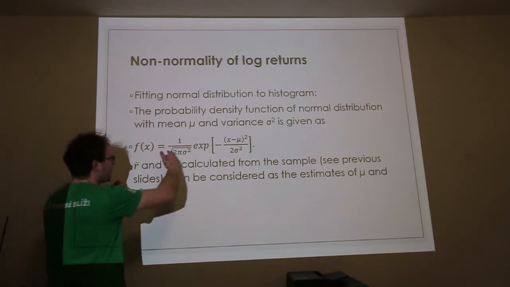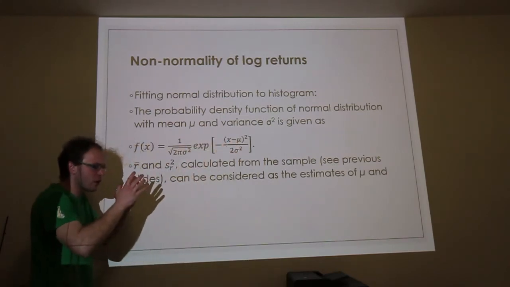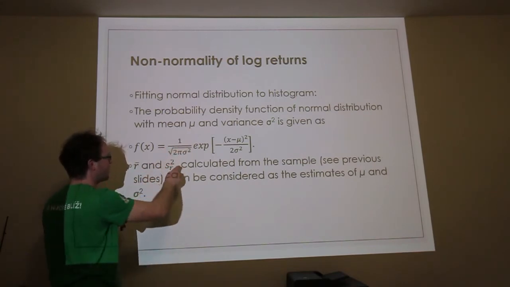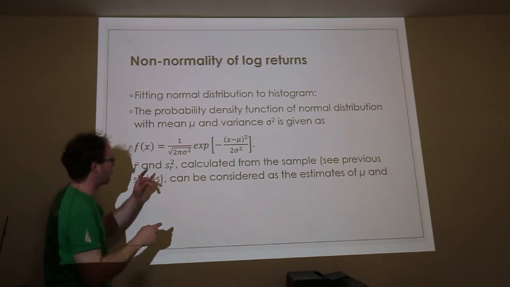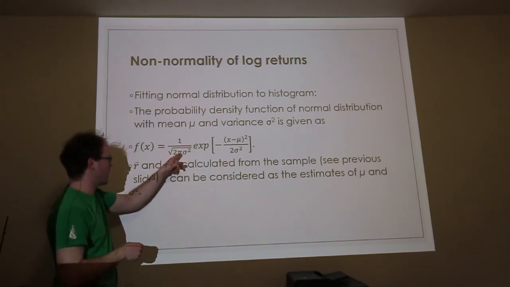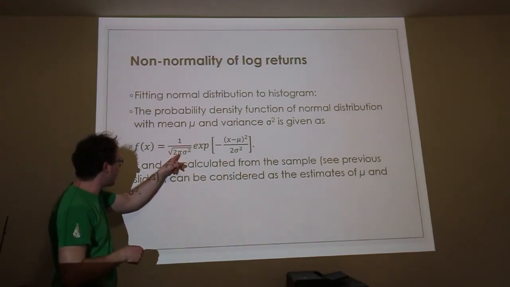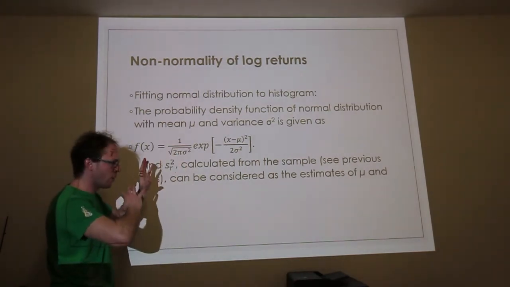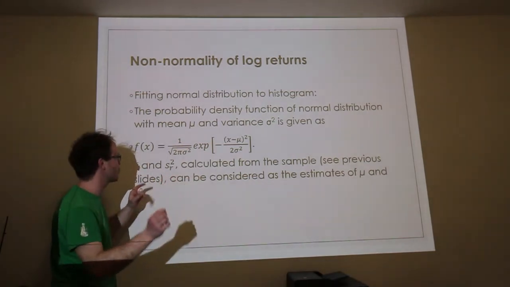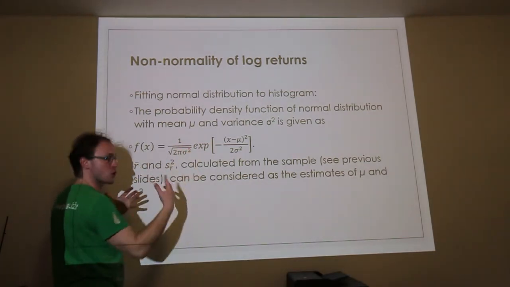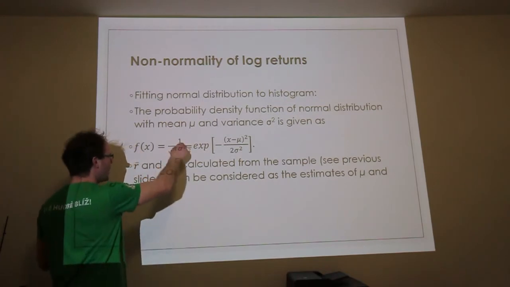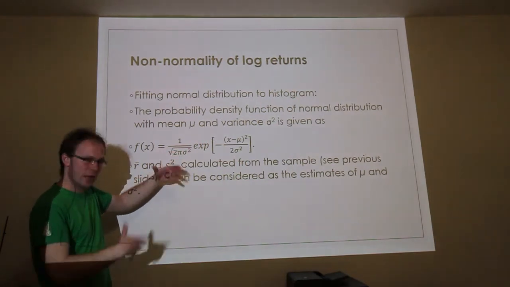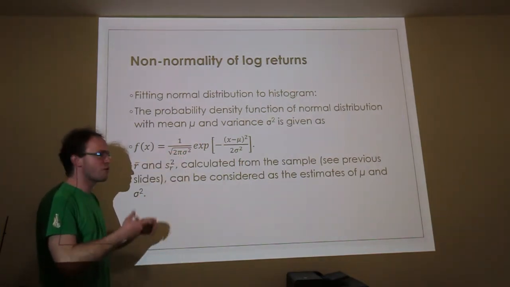How to calculate this density? It's not so difficult, because we have just 1 divided by the square root of 2 times pi, the Ludolf number 3.14 and a lot of decimal places, times sigma squared, the variance.